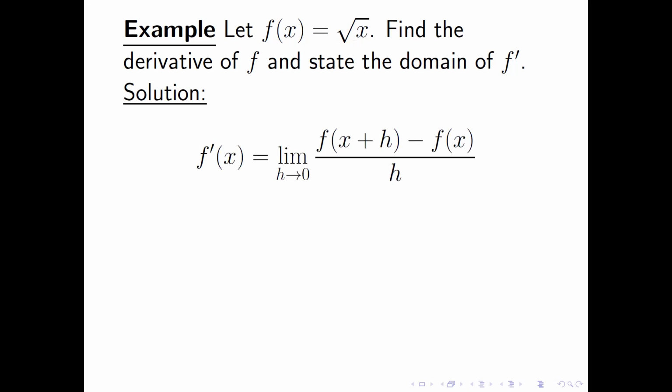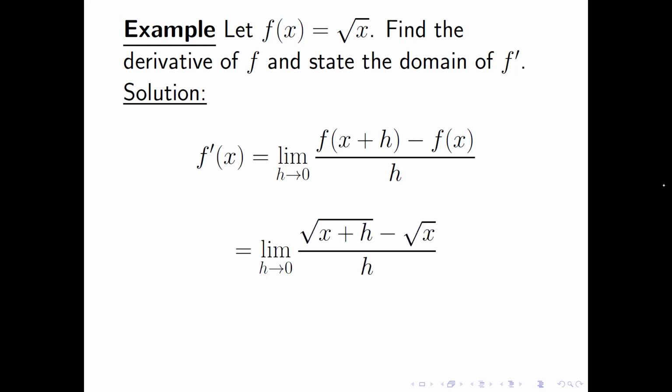So now we are going to find the derivative or the slope of a tangent line. Again, let's use the definition. We know that the definition says f prime of x is equal to the limit when h approaches 0 of f of x plus h minus f of x over h.